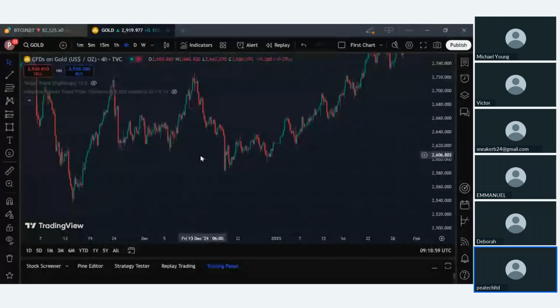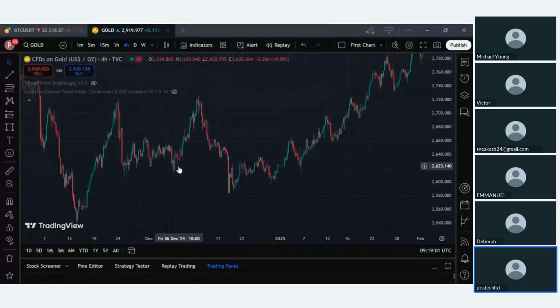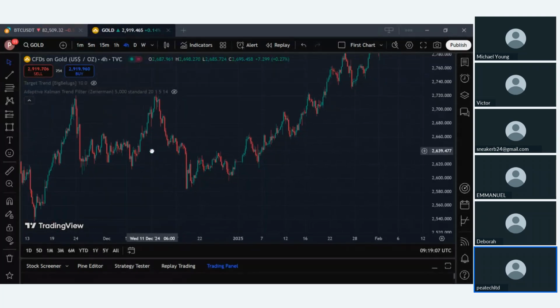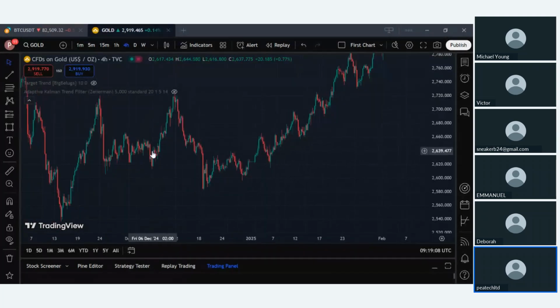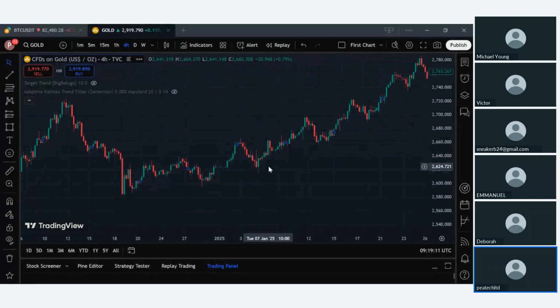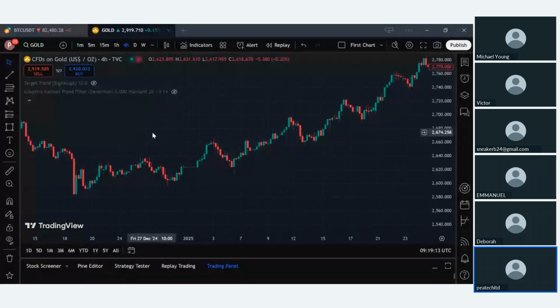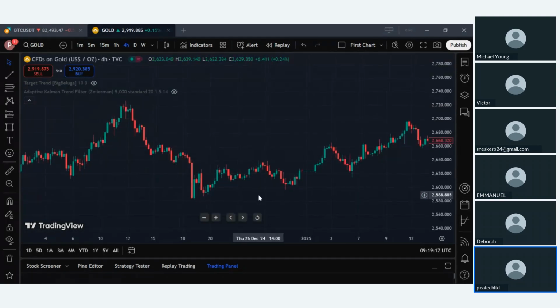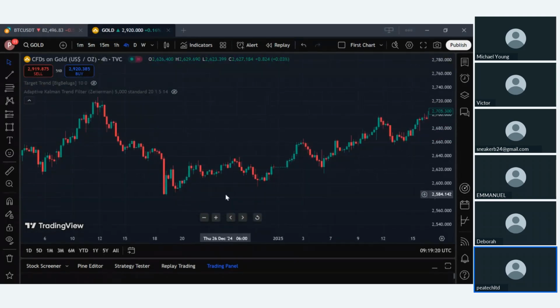Our chart, right? And if we look at this chart very well, we are going to be seeing a few things. Let me zoom it again so that you can see. So now we saw something here. The market moved this way.